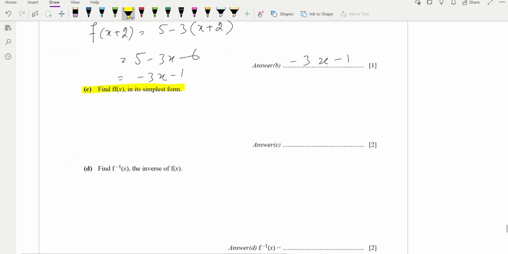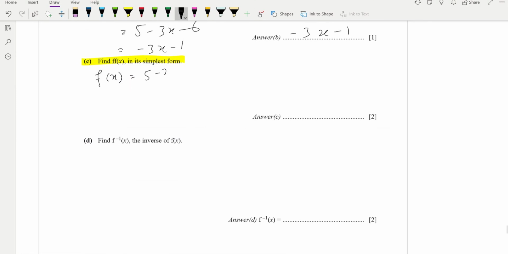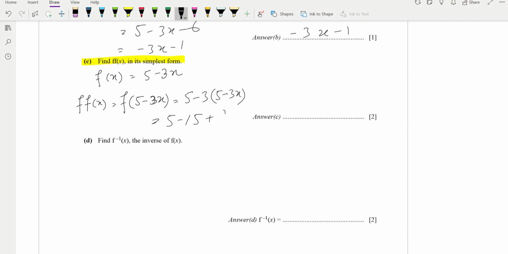So this is find f of f of x in its simplest form. So first of all we will write f of x, which is given as 5 minus 3x. So 5 minus 3x, and then we will be writing f of f of x, and f of x value is 5 minus 3x, so we will be replacing in this one, x will be replaced by 5 minus 3x, and we will get 5 minus 15 plus 9x.